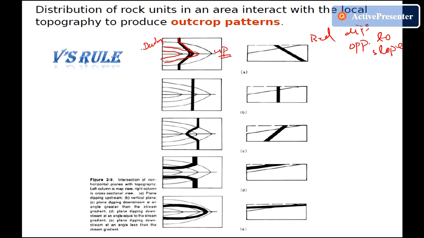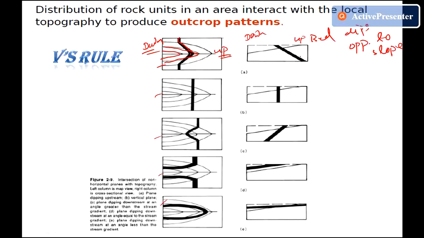This is upstream and this is downstream. For each map, you can see upstream is towards this side and downstream is towards this side. You can see this is upstream, this is downstream, right? As the slope is towards this side. So the contour is pointing V in the upstream direction.